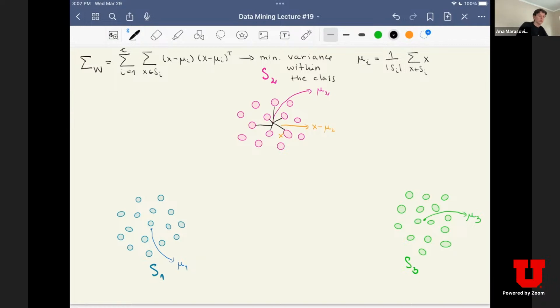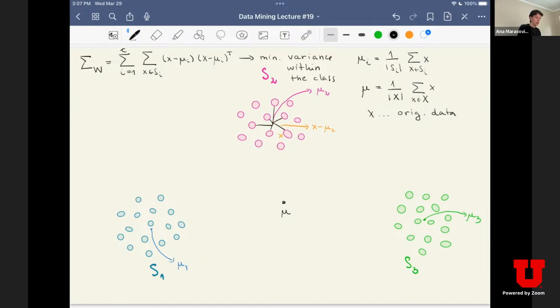But we don't want only to do that. We also care about maximizing the variance across these different blobs. So if we find the mean of the entire data, mu, where mu is 1 over the cardinality of X, where X is the original data, all of it, then we want to maximize... excuse me, I kind of started to ramble.